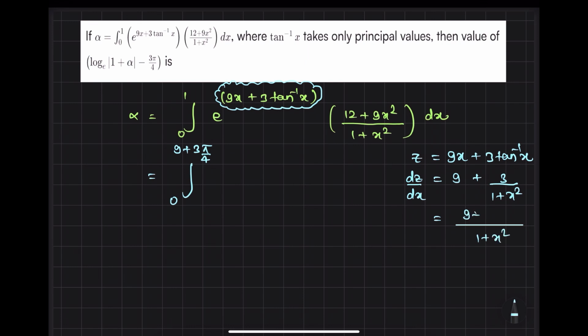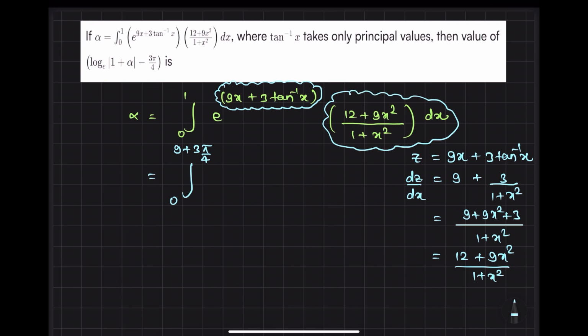You will have 9 plus 9x square plus 3, means (12 plus 9x square) upon (1 plus x square). The same ugly thing you got. So can we write dz equals this ugly thing with dx?